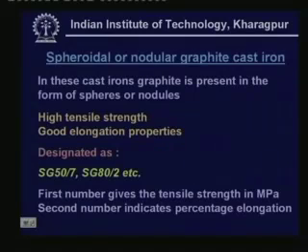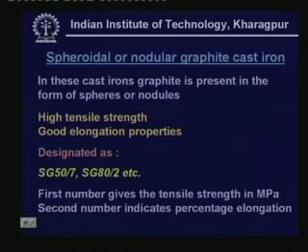Just by the presence of graphite in a different form, it becomes a high tensile strength material, and it has good elongation properties. This high tensile strength is one of the advantages for which this type of cast iron can be used very much in machine design.